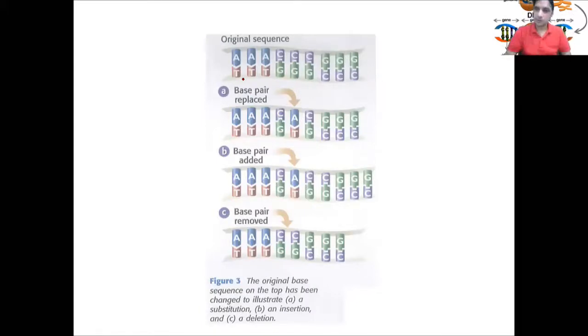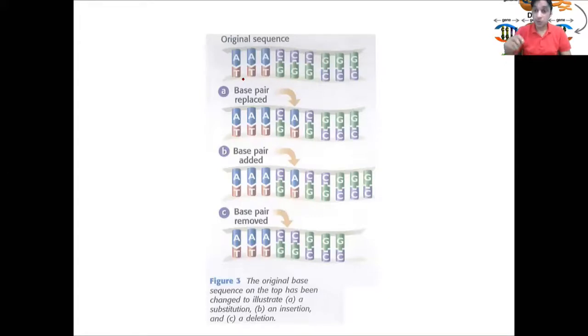So any damage in the sequence of the DNA or any damage in the sequence of the gene will result in misinformation on the messenger RNA, meaning it will lead to a faulty protein at the end of the day. Or maybe the cell will lose the function altogether.